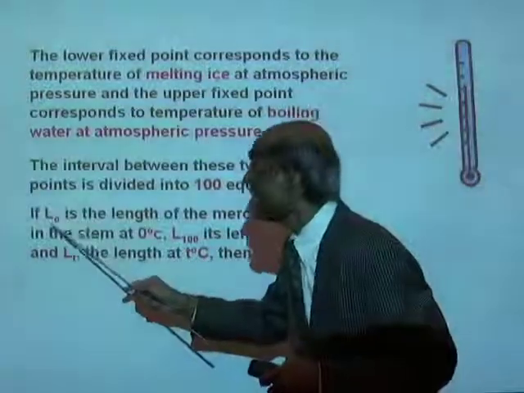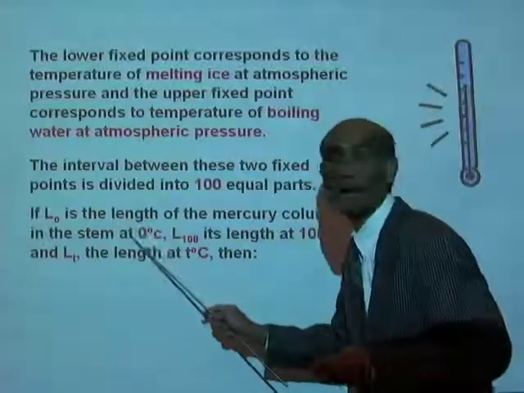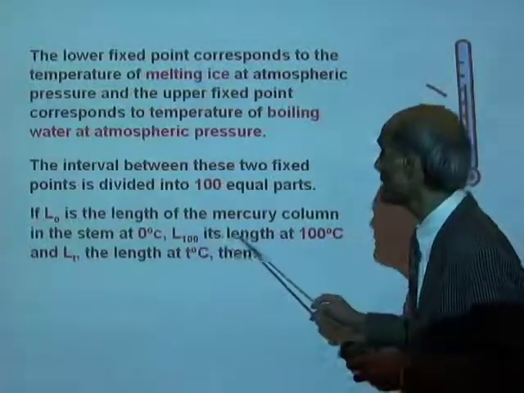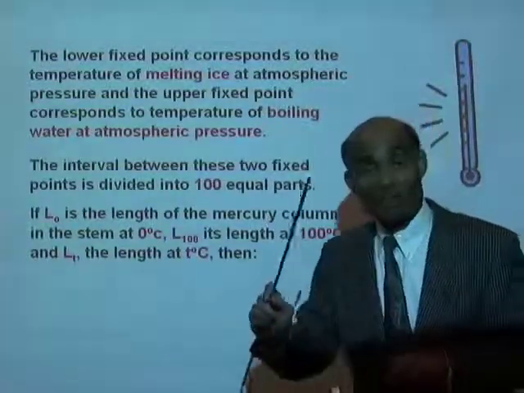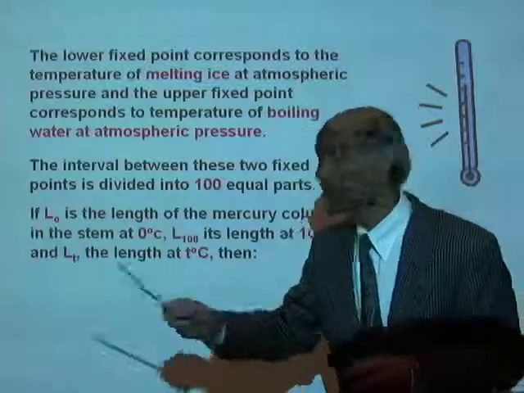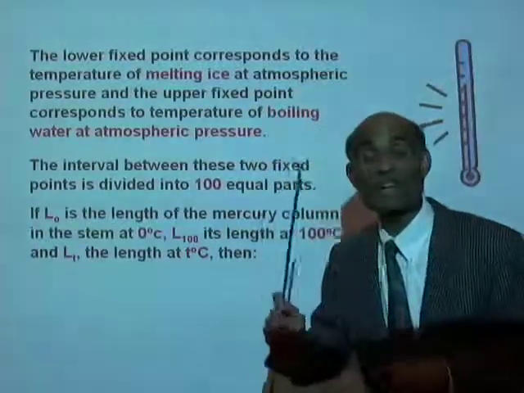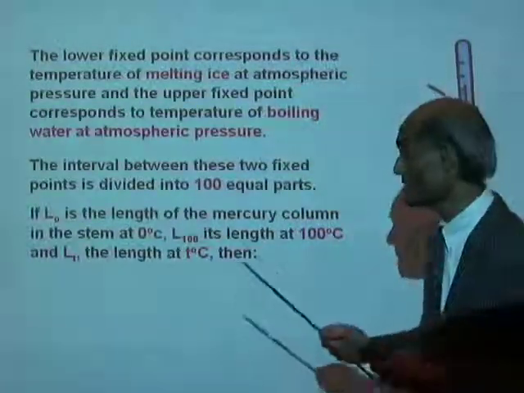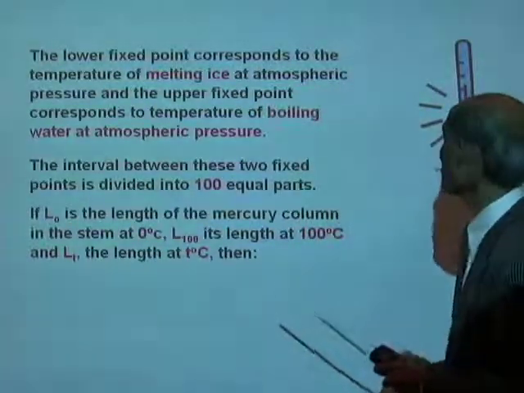Now, if L0 is the length of the mercury column in the stem at 0 degrees Celsius, and L100 is its length at 100 degrees Celsius, and when you want to measure a particular temperature, if LT is the length of the mercury column at that temperature, then we have a relationship connecting all those three quantities.